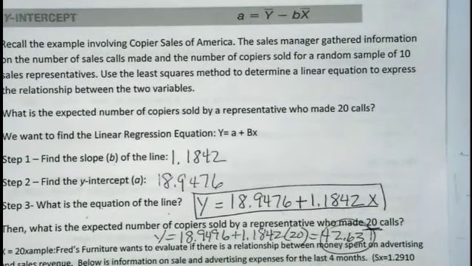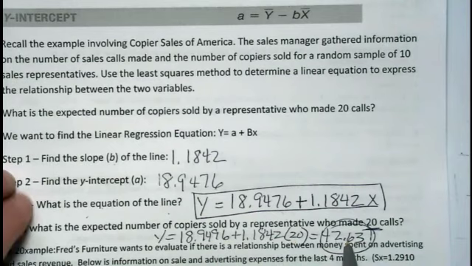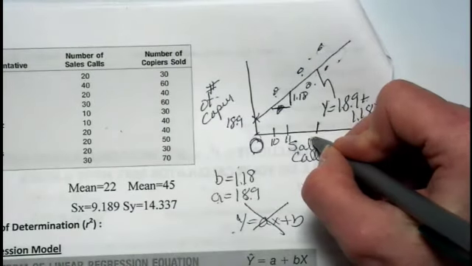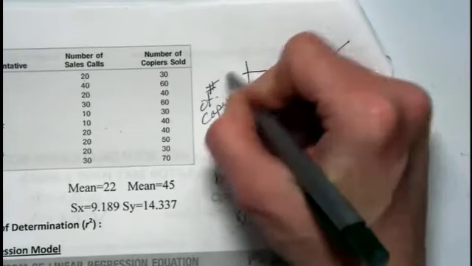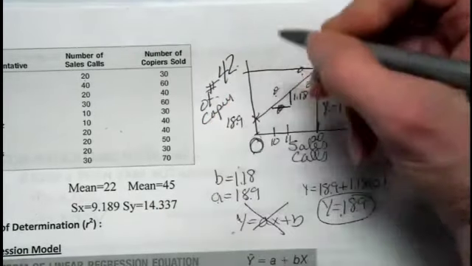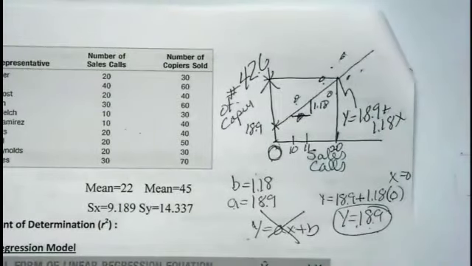I can expect, on average, that every salesman will sell 42.63 copiers. In other words, here's 20 sales calls. I come up to my line, and this would be 42.6. I would expect 42.6 copiers to be sold.